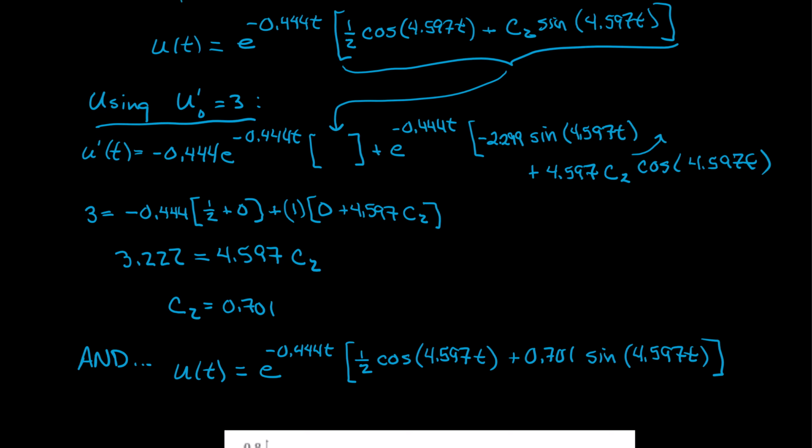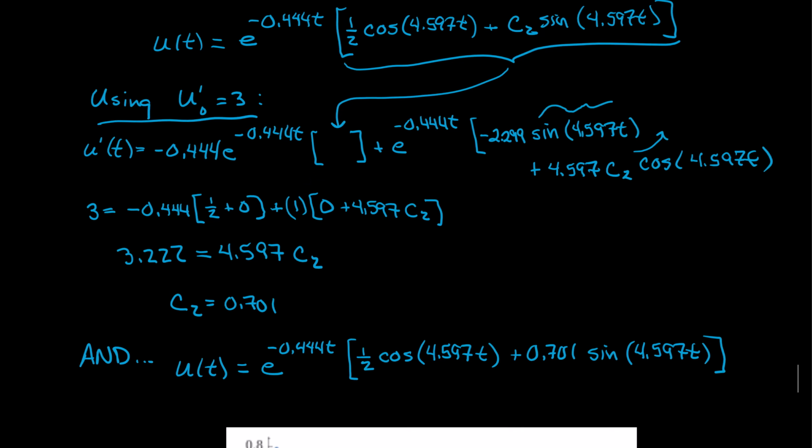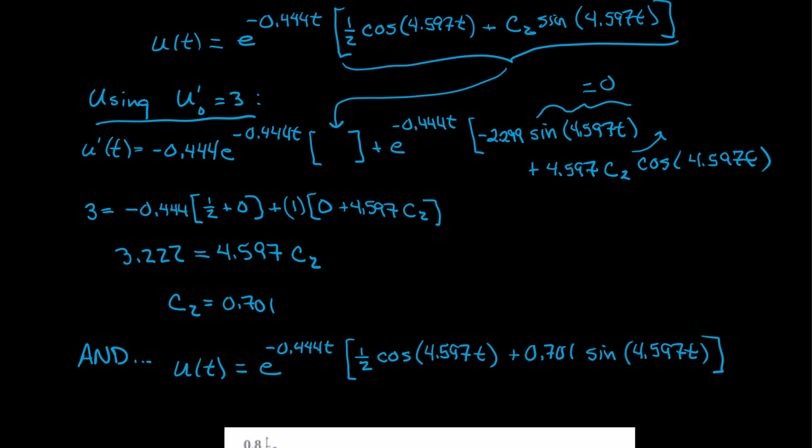Doing the same thing for the second term. Now we just have e raised to the 0. Well, that's going to give us 1. We're going to substitute in. Remember, sine of 0 is going to be 0. So this whole first term is gone. And we're going to have C2 times the 4.579 times the cosine of 0 is 1. Whew, made it through all of that.